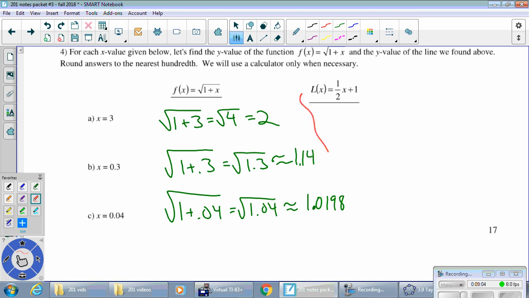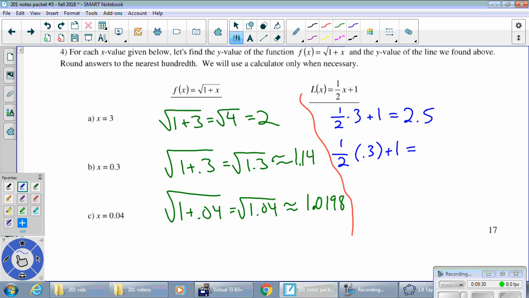Let's compare to using the function that we came up with. So in this case, 1/2 x plus 1, but plugging in the same x equals 3. So that's 1/2 of 3 plus 1. So that's 1.5 plus another 1, that's 2.5. Then we're going to plug in 0.3 in the next row. So 1/2 of 0.3 plus 1.